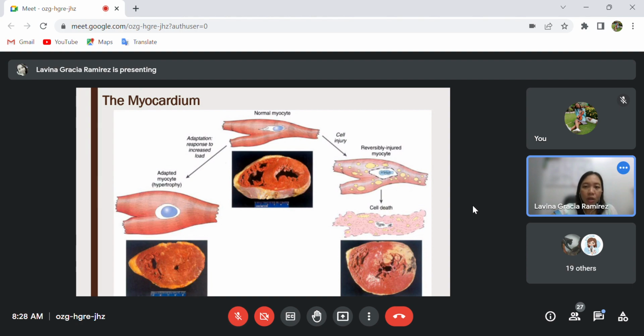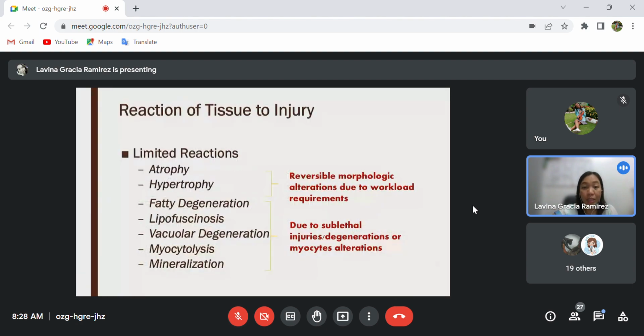This is how it is described in terms of the reaction of tissue to such injury. This is its adaptation, and to a certain level, when it becomes sublethal to lethal, these are the morphologic and histologic conditions that can be observed. Limited reactions include atrophy and hypertrophy, though more conditions reflect hypertrophy.